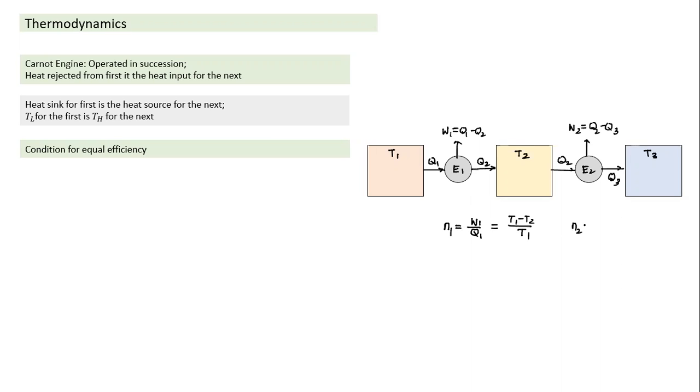Similarly, what is the efficiency of the second one? Higher temperature minus lower temperature, T2 minus T3, divided by T2. If the efficiencies are equal, we equate those two, eta 1 equal to eta 2. So (T1 minus T2) by T1 has to be equal to (T2 minus T3) by T2.